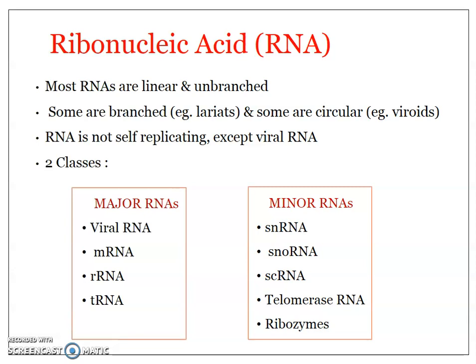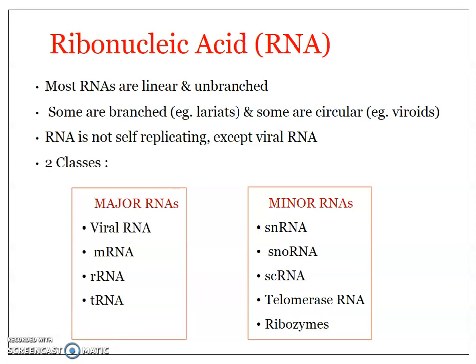Then what are the differences between RNA and DNA? We have seen that DNA and RNA both are polymers of nucleotides, one being a polymer of deoxyribonucleotides, while the other is a polymer of ribonucleotides. Chemically they have a lot of similarity because the internucleotide bond is a 3' 5' phosphodiester bond. But what are the differences?